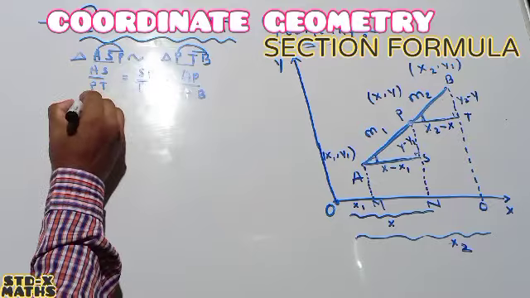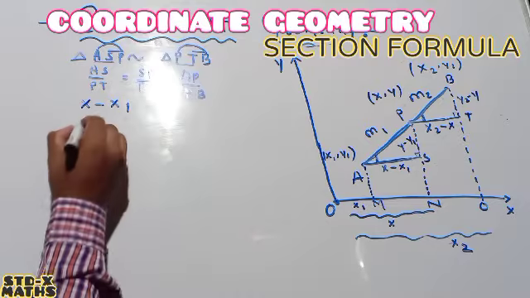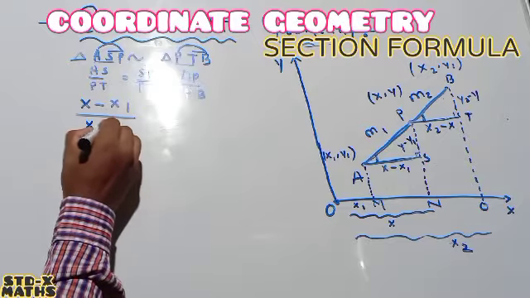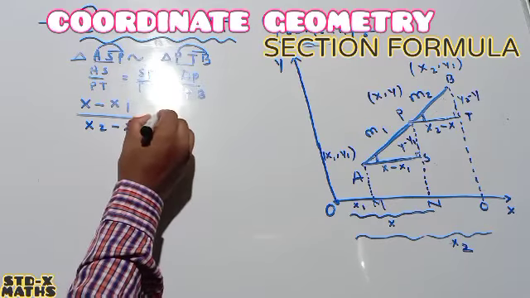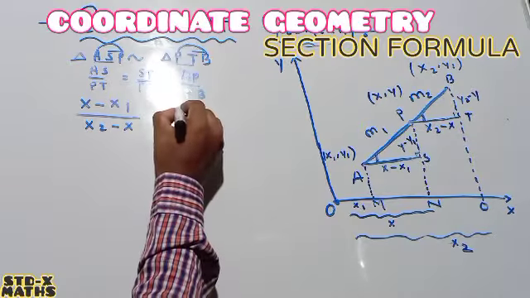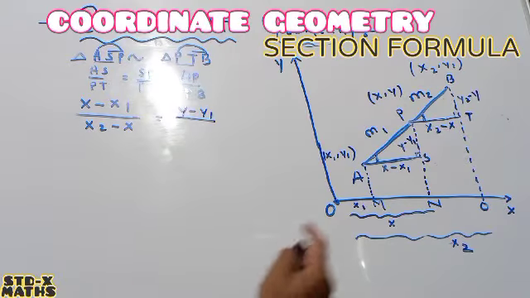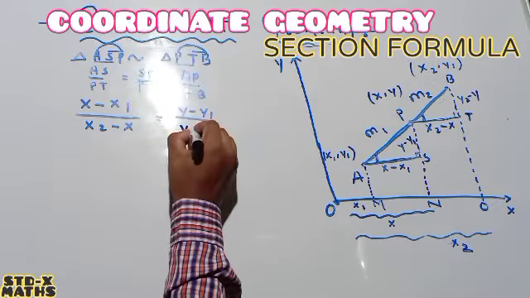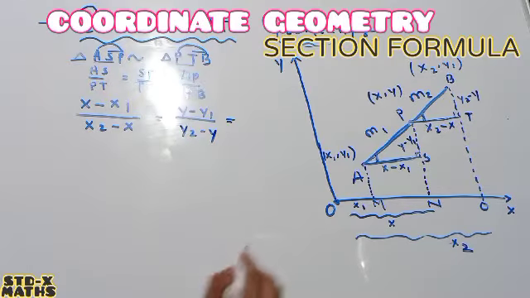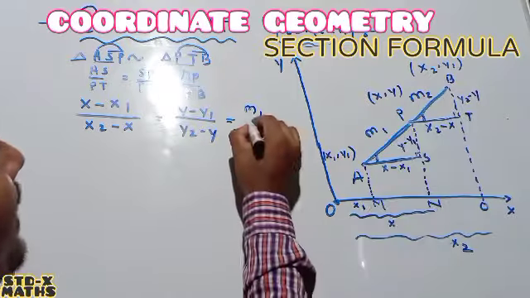Our AS is x minus x1, divided by PT, which is x2 minus x, and SP means y minus y1, divided by TB, which is y2 minus y. And AP to PB is our ratio M1 to M2.